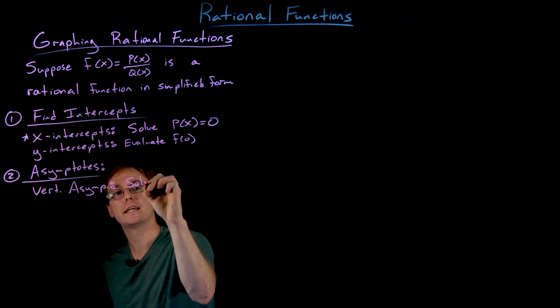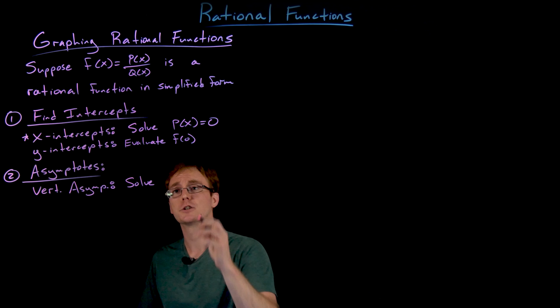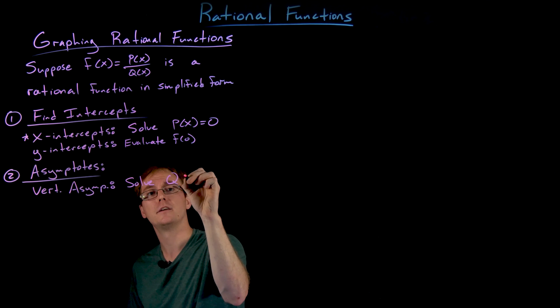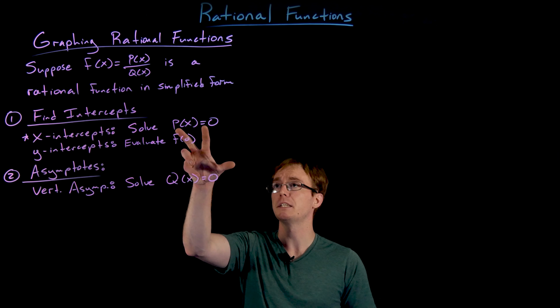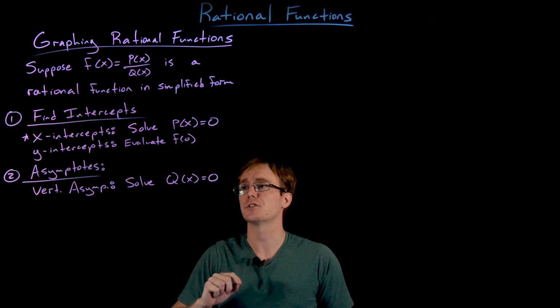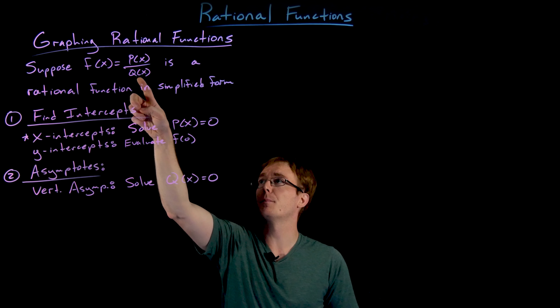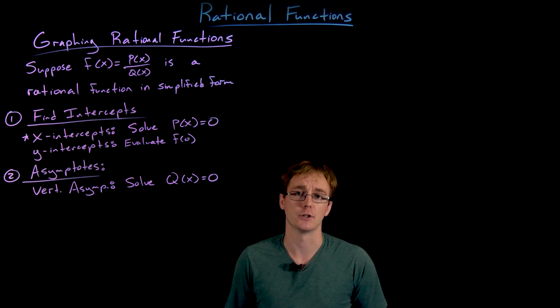So we can find the location of any vertical asymptotes by solving the equation when is q of x equal to 0. So solving p of x equals 0, or the numerator set equal to 0, helps us find x-intercepts. Solving for when the denominator, or q of x, is equal to 0, helps us find vertical asymptotes.